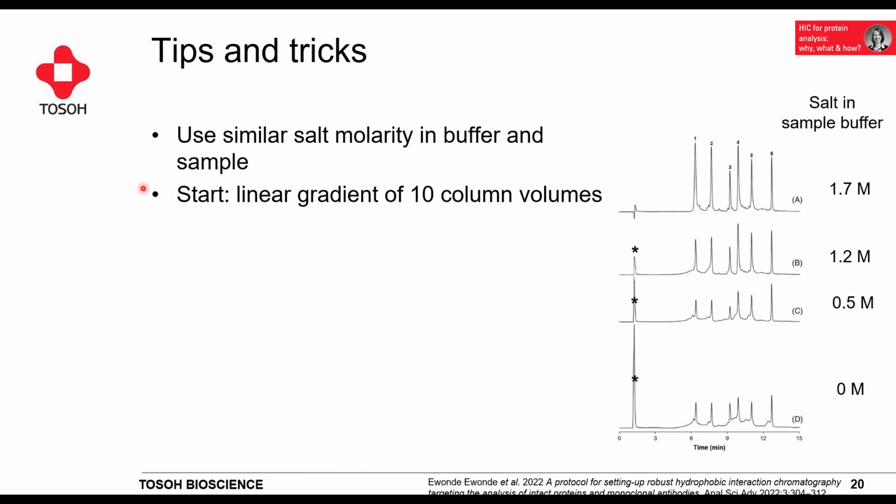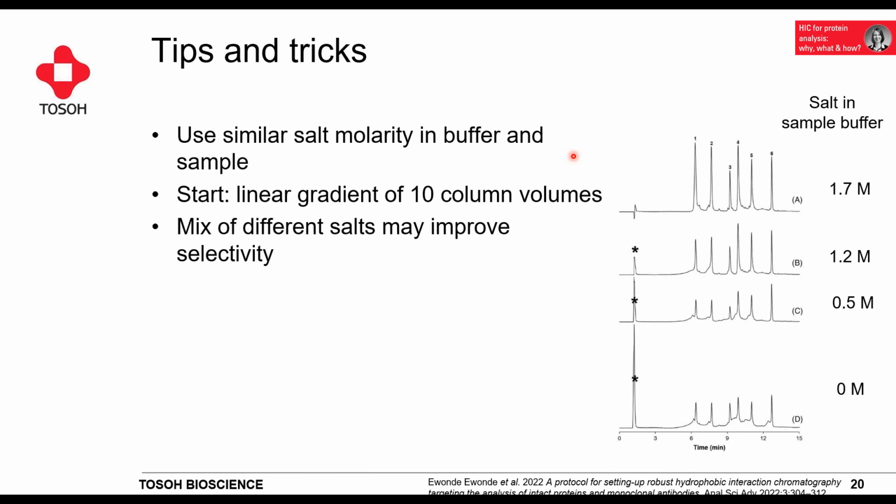A question we often get is, how do I design the gradient? And just as a rule of thumb, or as a way to start, a linear gradient from 100% of your salt buffer down to 0% of salt, basically water, in 10 column volumes, linearly down.